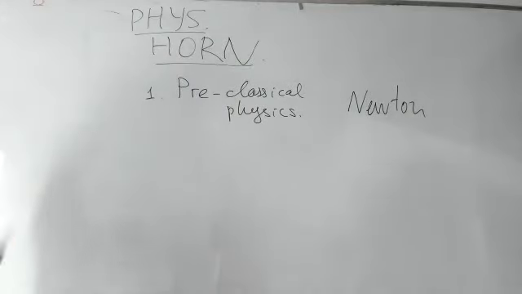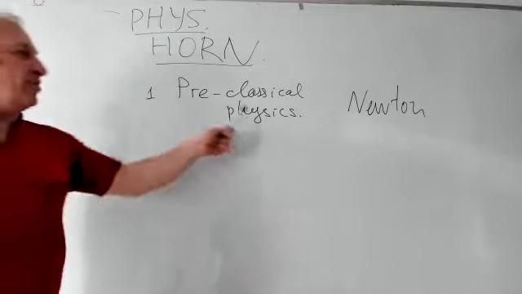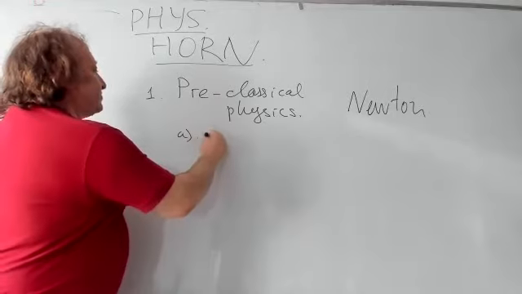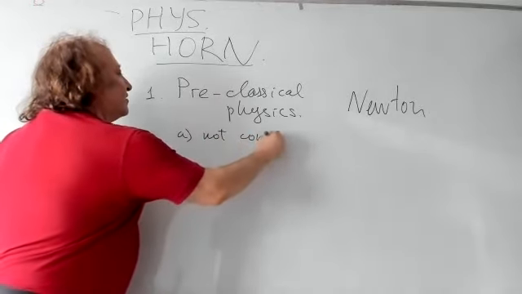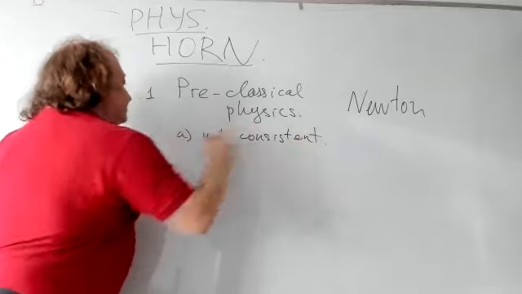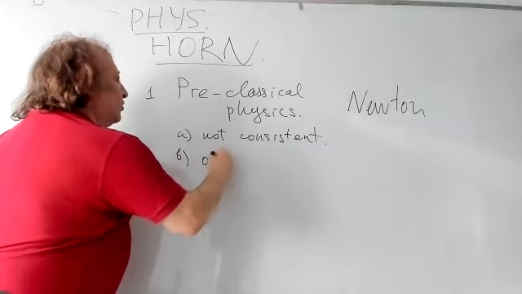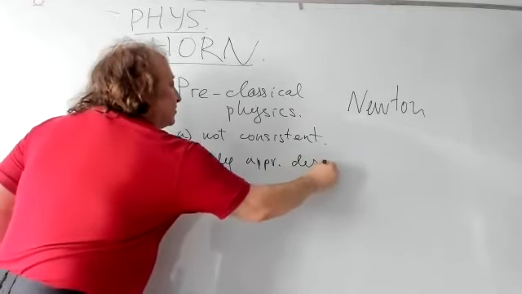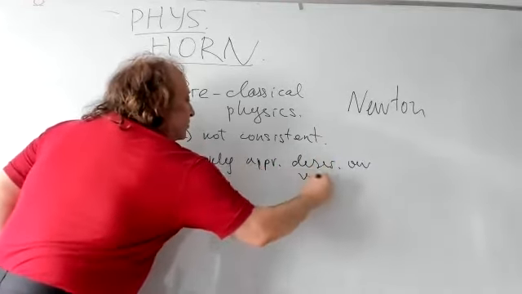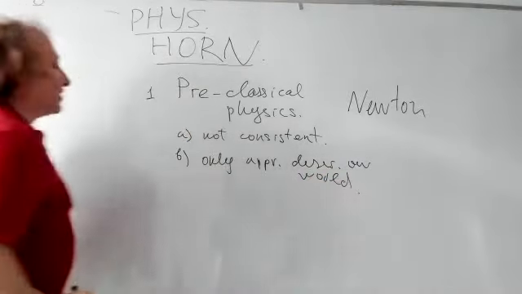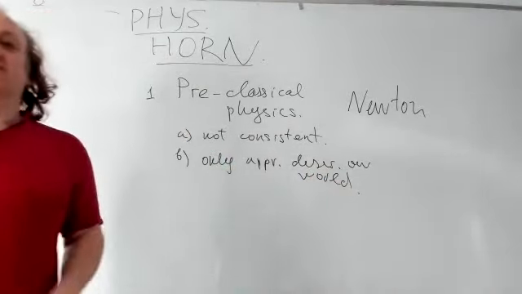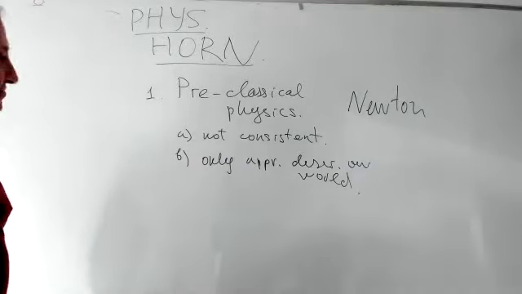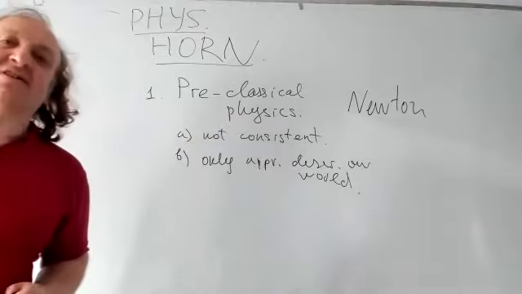What I would like to tell you is that this pre-classical physics of Newton is, A, not consistent. It only approximately describes our world. There are many assumptions here that are just wrong. And I'll discuss non-consistency, of course.